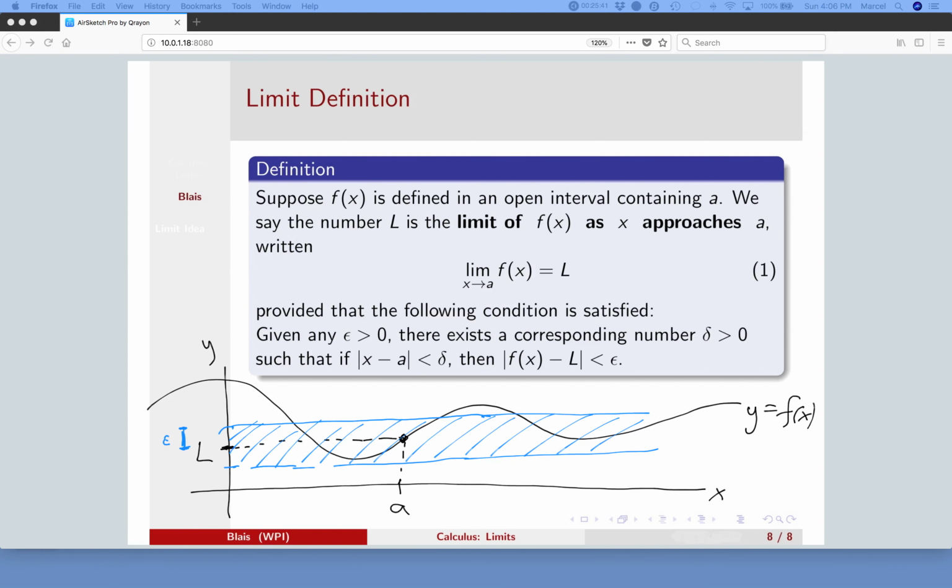Again, it's a very similar picture to what we had before. So now we will pick our interval here. But now we're going to say that the length of half of that interval is this value, delta. So this delta is the orange, and the epsilon is the blue. If we choose x to be within that interval around a, then the function will sit inside both of these bands.